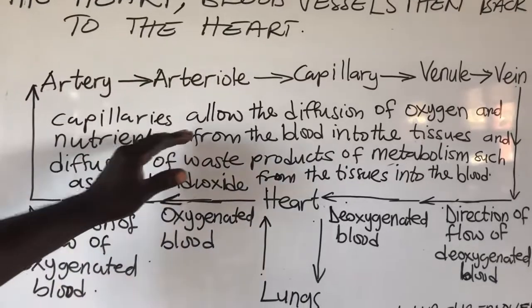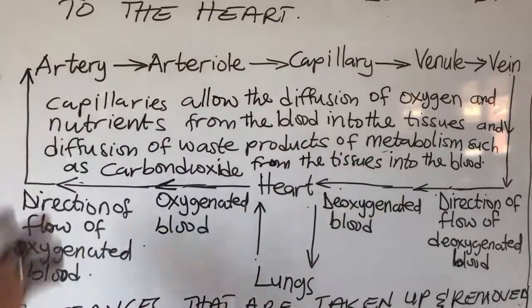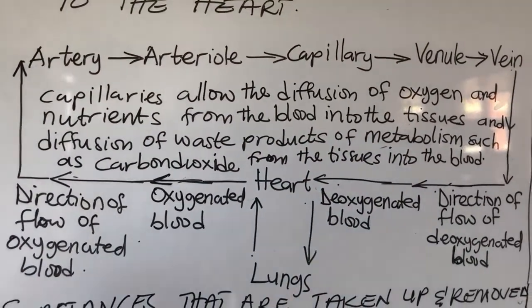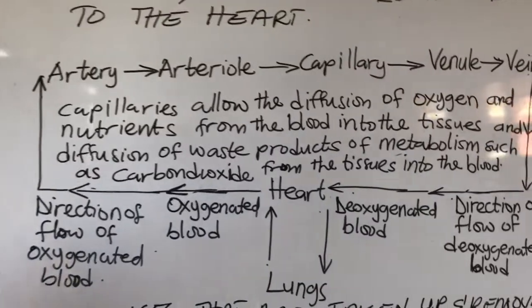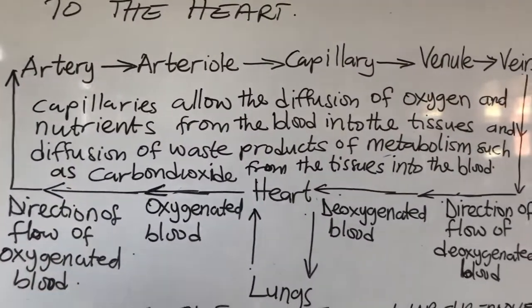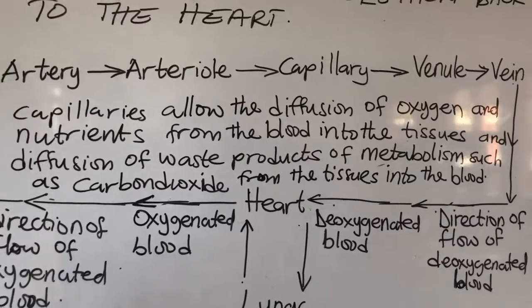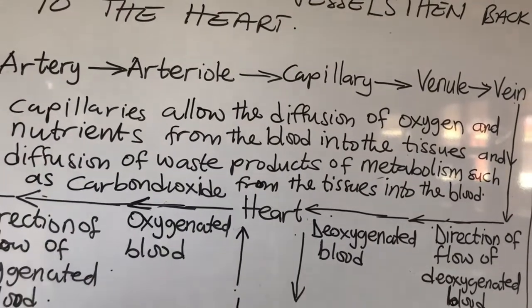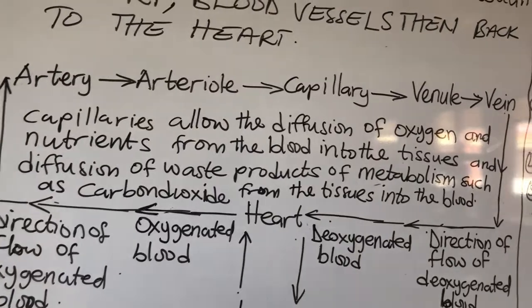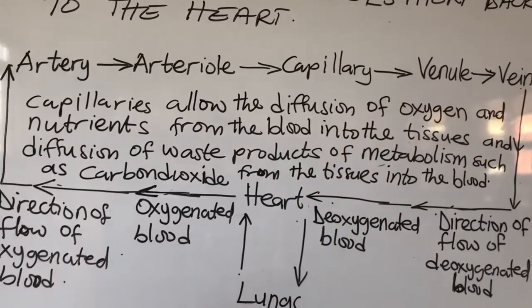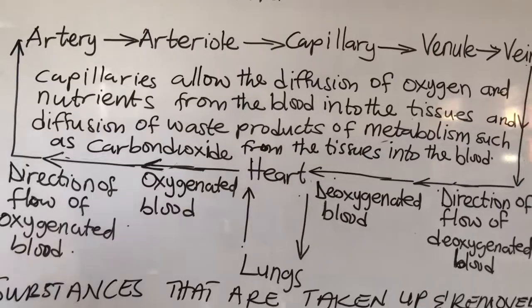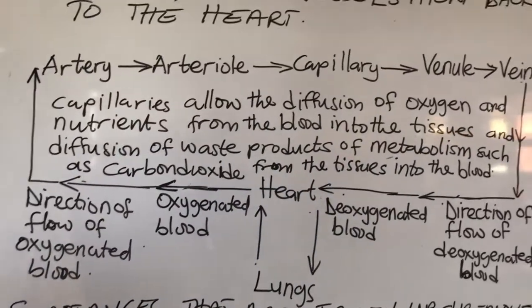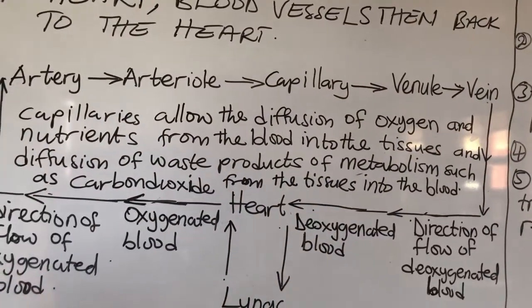Now the capillaries allow the diffusion of oxygen and nutrients from the blood into the tissues and diffusion of waste products of metabolism such as carbon dioxide from the tissues into the blood, which means that in the body we have waste substances that are produced. An example is carbon dioxide.